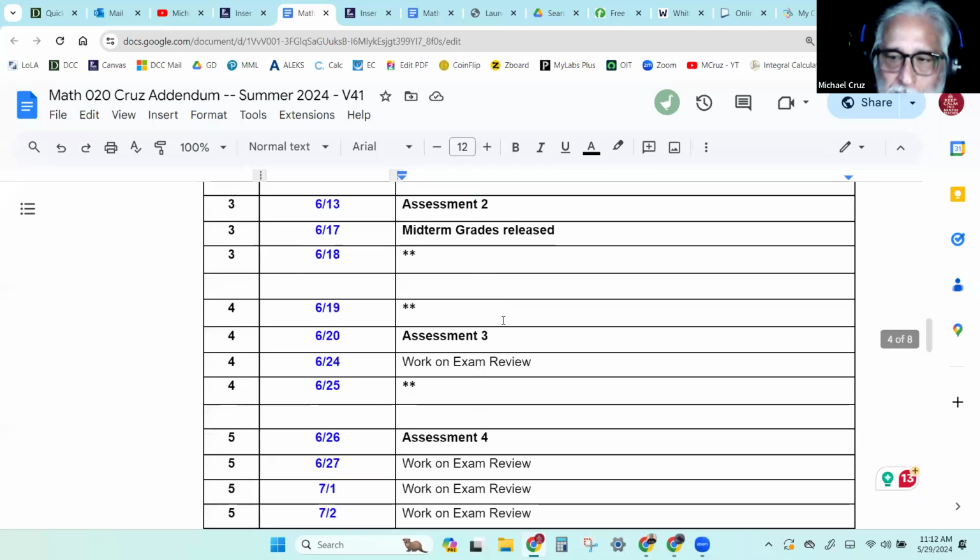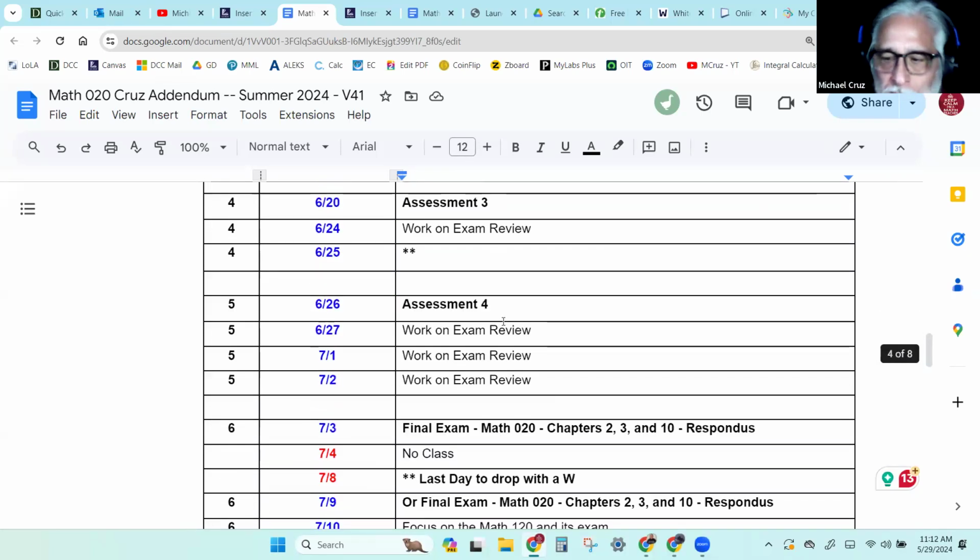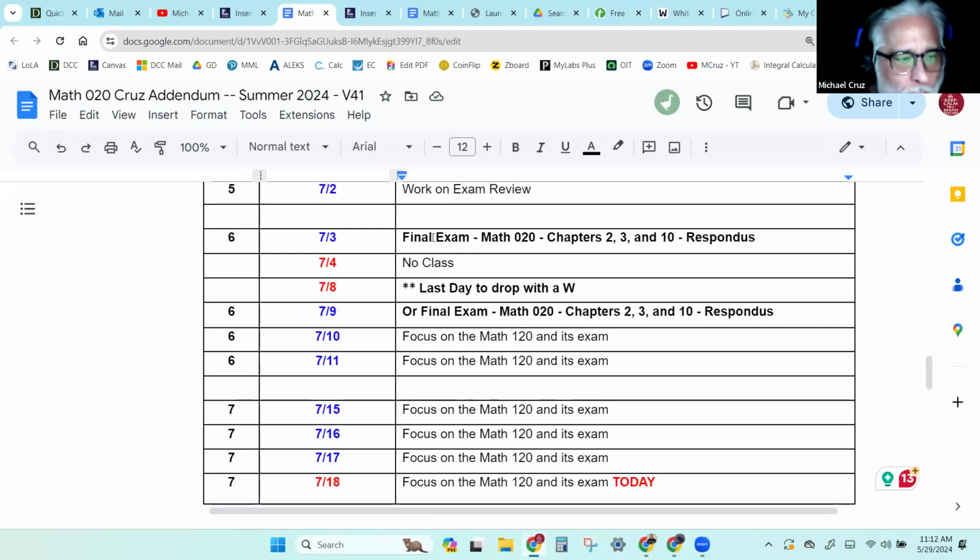So these are the assignments that things are going to be based upon, and then about 3/4 of the way through the course, we have a final exam. And the good thing about the final exam is it's not based upon the material directly in the 020. It's based upon the course that we're trying to pass, which is Math 120. Okay. And it's about 3/4 of the course.